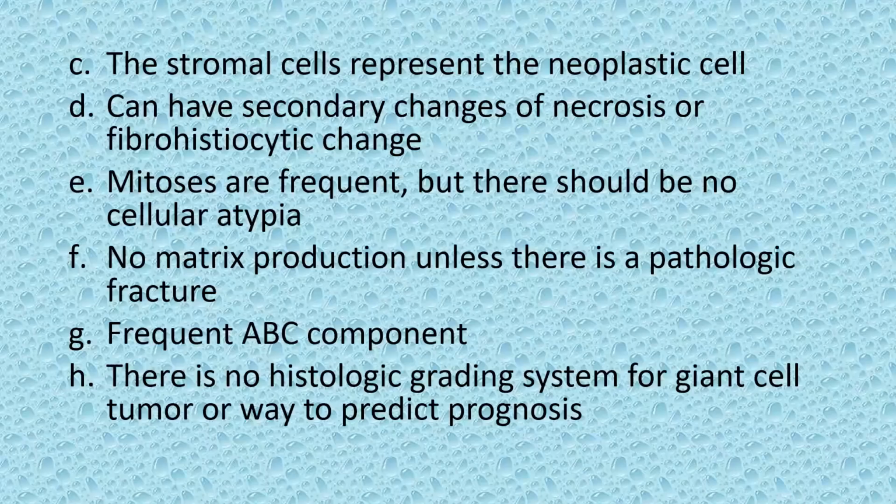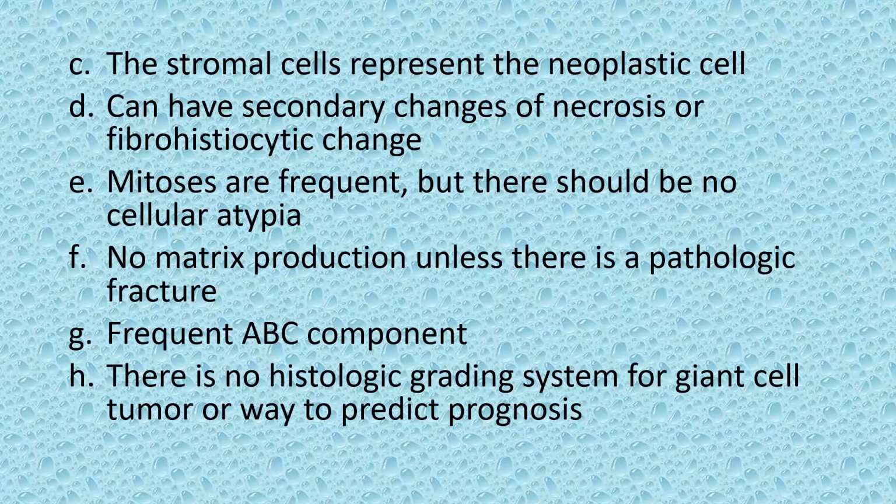They have secondary changes of necrosis or fibrohistiocytic change. Mitoses are frequent, but there should be no cellular atypia and no matrix production unless there is a pathologic fracture. They have an association with aneurysmal bone cyst. There is no histologic grading system for giant cell tumor or way to predict the prognosis.